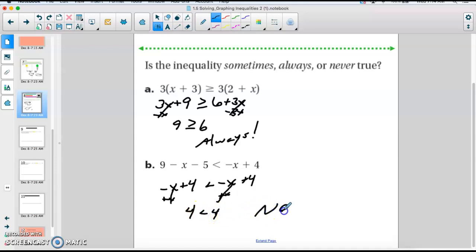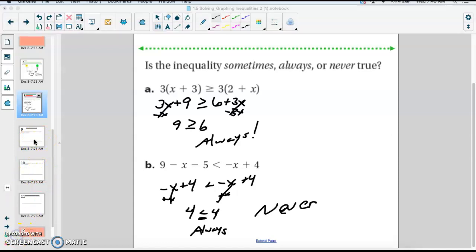And so this would be a never. Now, if it had a bar underneath it, so let's just pretend it had a bar, then it would be always. But since it doesn't have the greater or the equal to bar, it would be never.